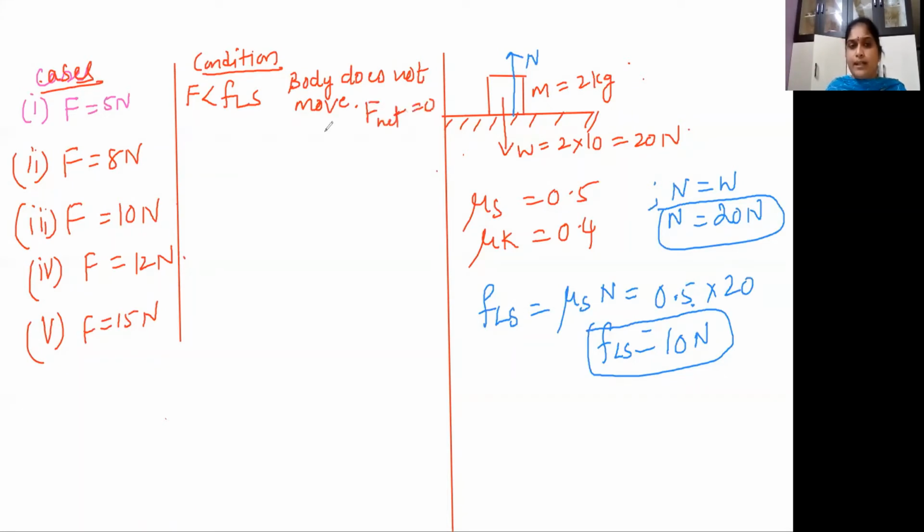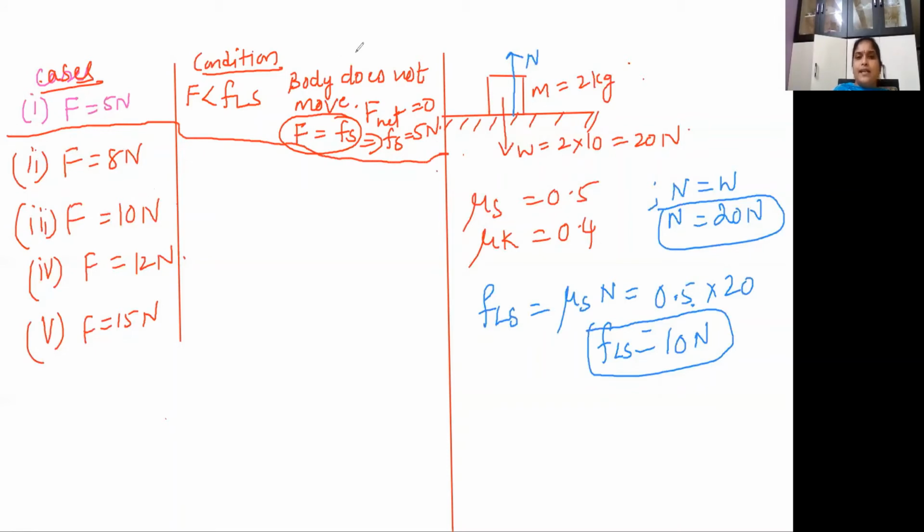For that reason, the applied force is the static frictional force. Yes, friction is acting, and the friction is equal to the applied force. So the frictional force in this case is equal to 5 Newton.